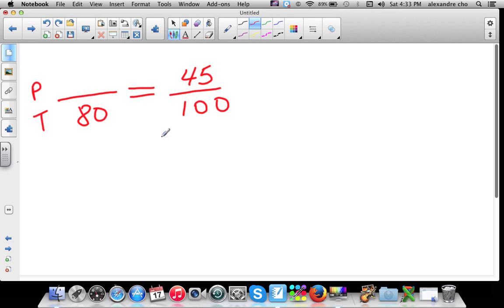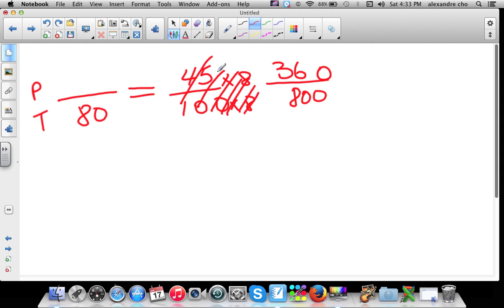No relationship here so far, so let's change it so that there is. Let's multiply top and bottom by 8. I got 800 over here. 8 times 5 is 40, goes 4, 32, 36. And that's the one I'm going to use. Okay, that's no longer in use. 800 to 80 is divided by 10.